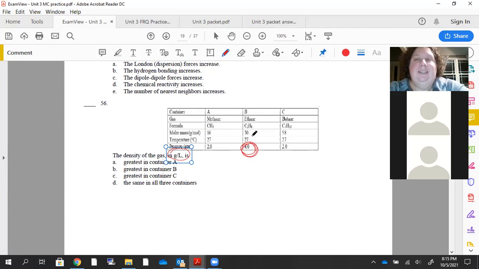So in order to be able to get a lot more pressure out of there, there's got to be a lot more particles in that gas to be able to provide that pressure.